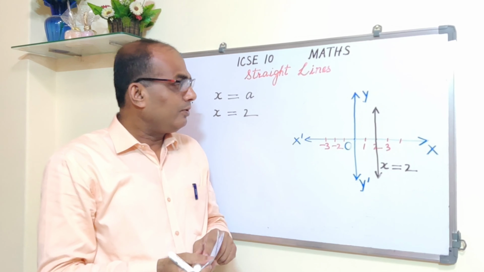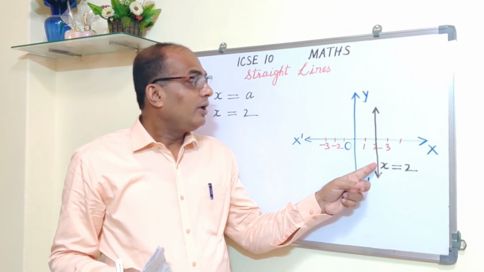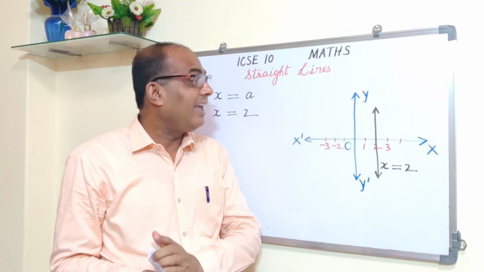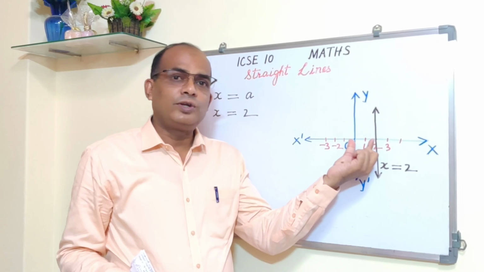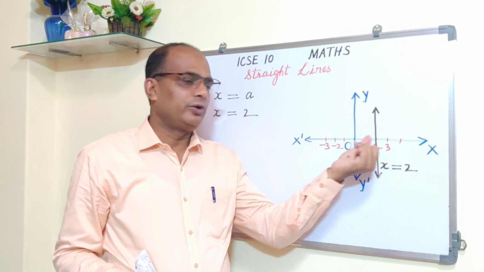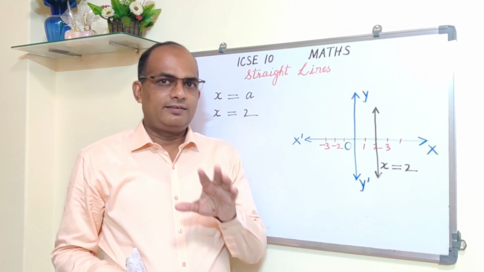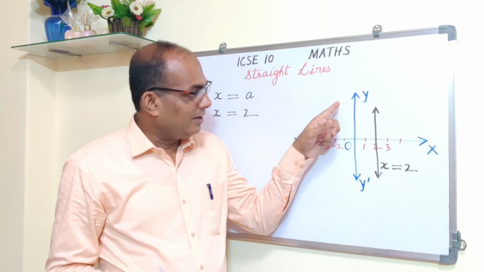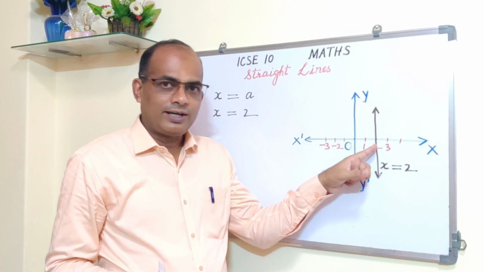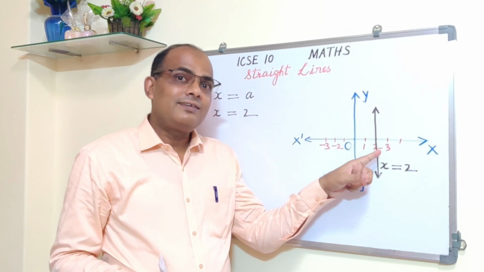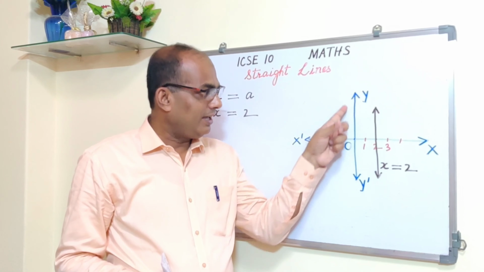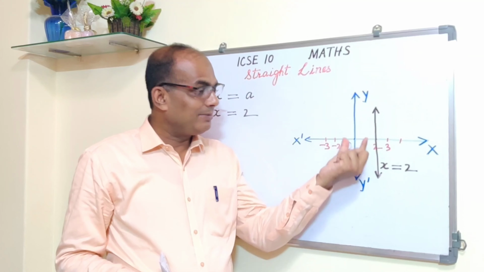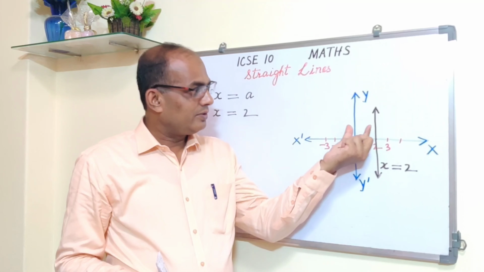That means x is equal to 2 is the equation of a line which is parallel to the y-axis and at a distance of 2 units from the y-axis or from the origin. You can say this distance is 2 units. They are parallel, no? So this is 2, this is 2, 2 units.